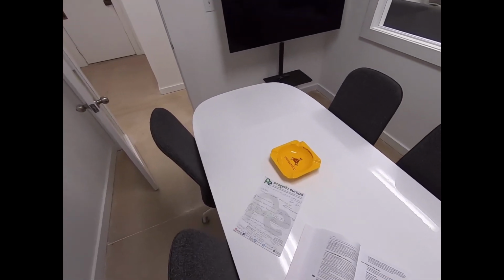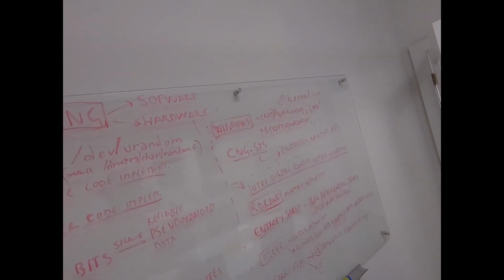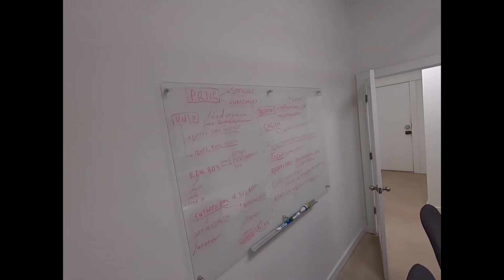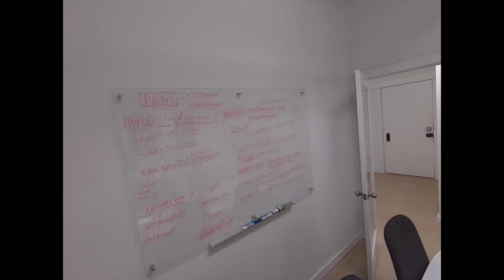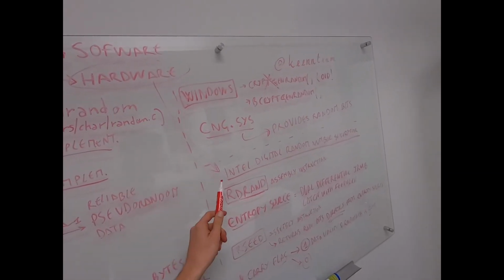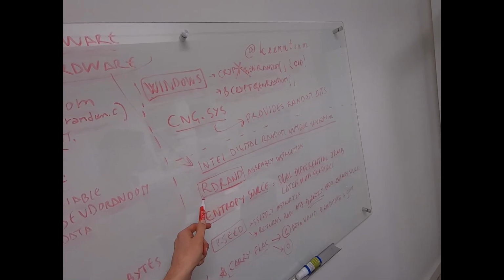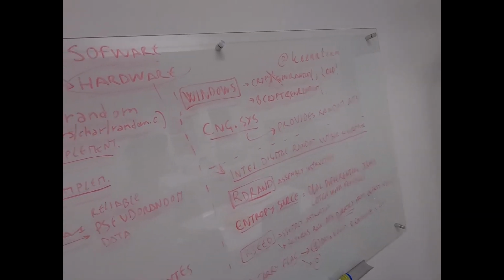Maybe a fun fact about the Intel hardware: there was a little bit of fear after the Snowden revelations about possible backdoors in the Intel chip, which would mess around with this randomness.